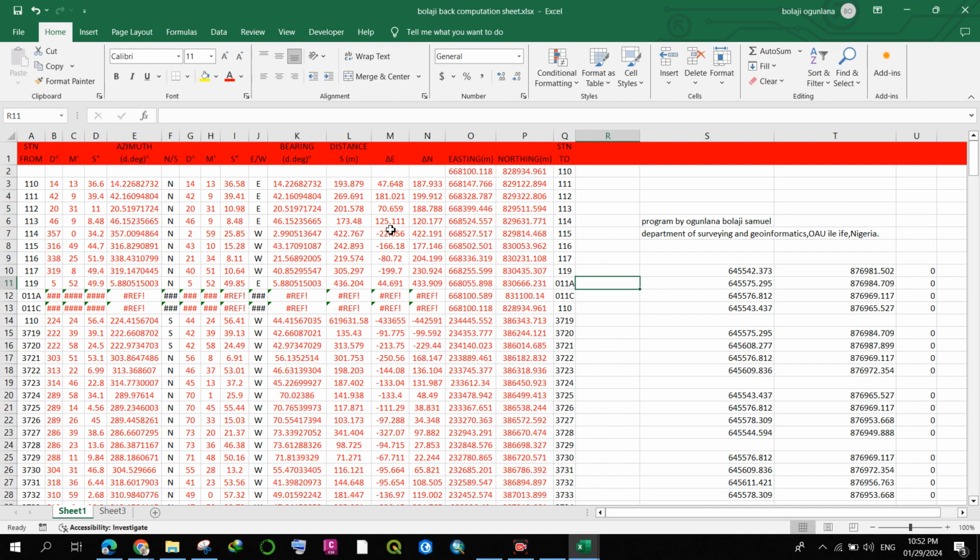Now, as you can see here, I have what is called your partial easting and you have your partial northern. The formula to calculate this is very simple.